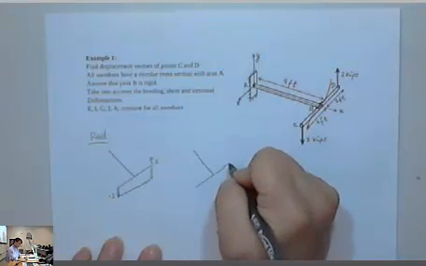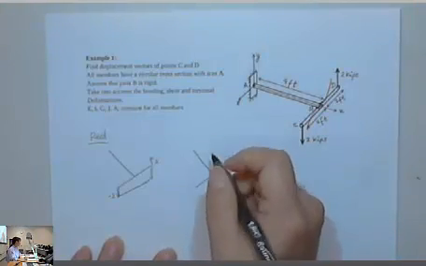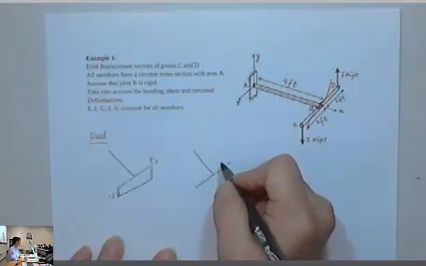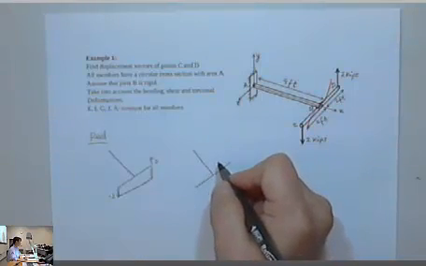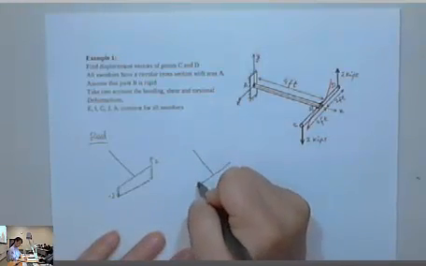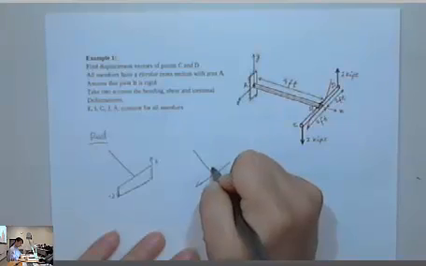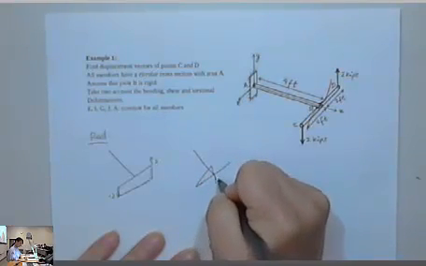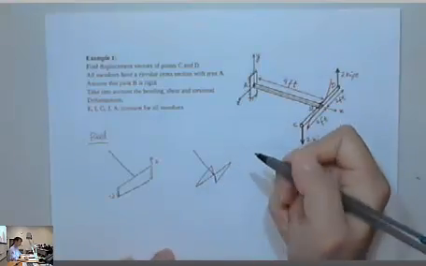And bending moment, what would the bending moment look like? Anyone? Yeah, triangle. It will go like that, right?